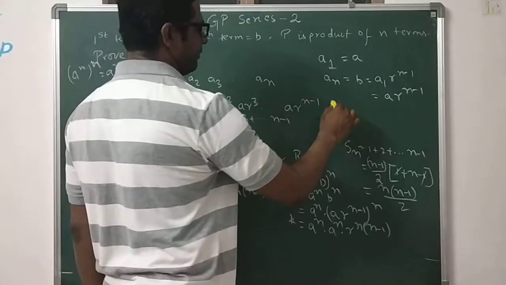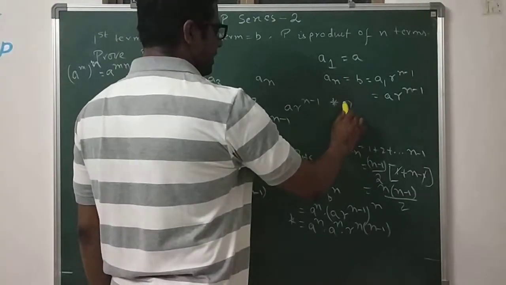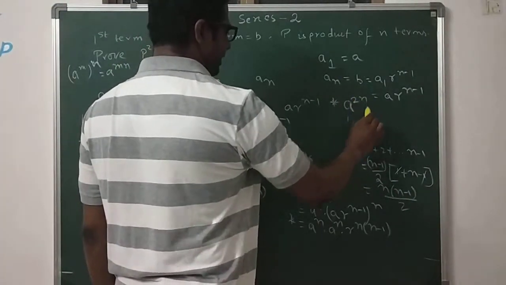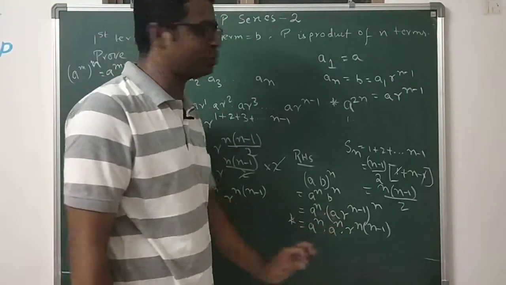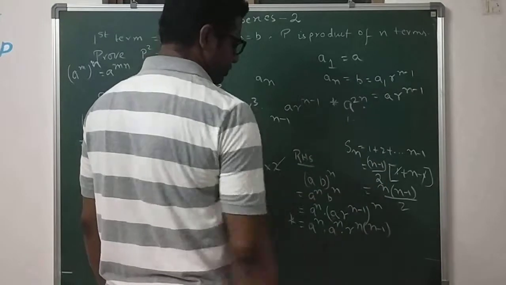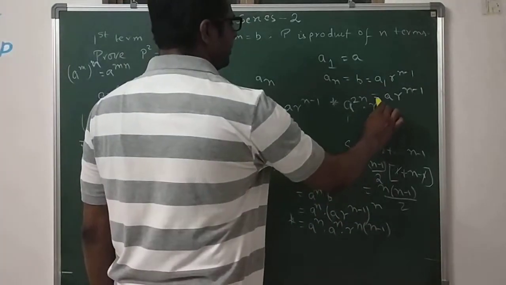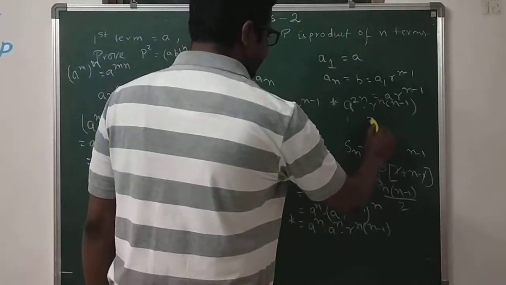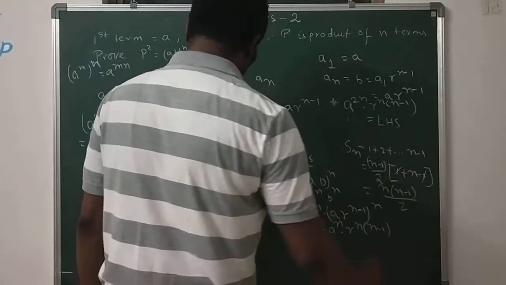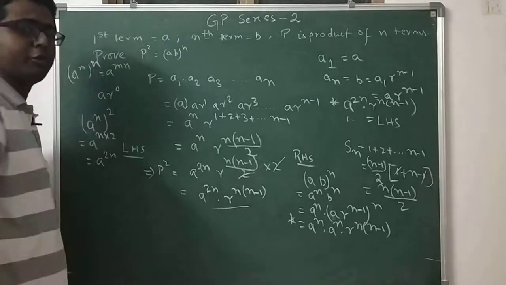From here I will write it over here, I don't have space, a to the power 2n, right? Because a^n into a^n, n plus n is 2n, into r^(n(n-1)), and this is equal to LHS, this value proved.